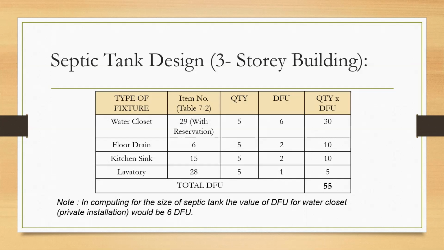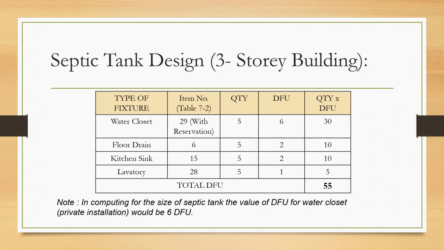Pero, meron pong nakalagay sa code. Sabi po sa code, in computing for the size of septic tank, the value of DFU for water closet, private installation would be 6 DFU. Automatic na po yun, magiging 6 pagka septic tank design. Pero pagka tubo, ang ating isa-size, susundin po natin yan nandun sa table.